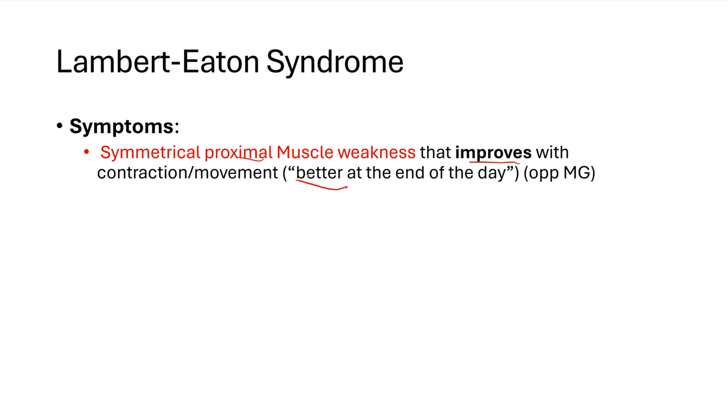Thus, as I do a muscle contraction, more and more calcium is going to be released. That's going to make it easier to release acetylcholine and thus cause some sort of action potential or contraction. Thus, repeatedly contracting muscles will lead to an easier ability to cause contractions. It improves as you use it because of increased calcium release.